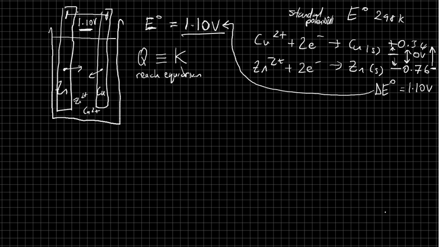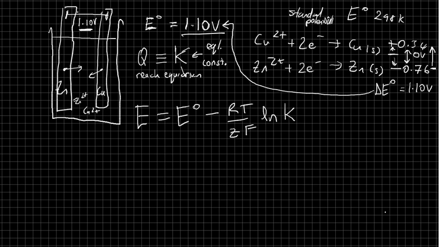This is called our equilibrium constant, and it says what the quotient is when this has reached equilibrium, which is very helpful. So let's write out the Nernst equation: E naught minus RT over ZF log of now K.